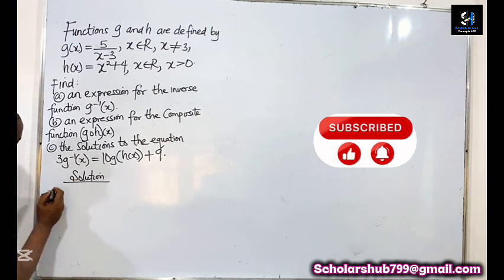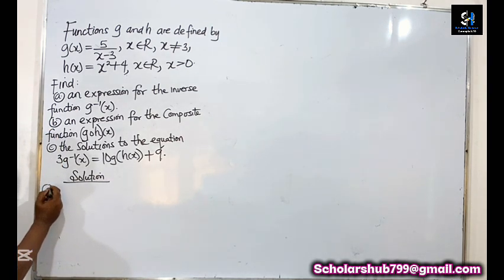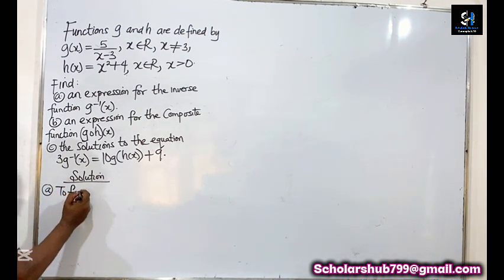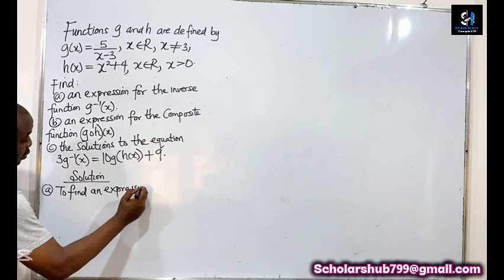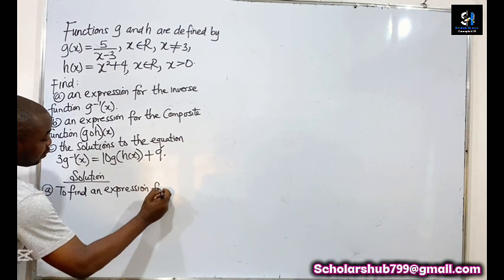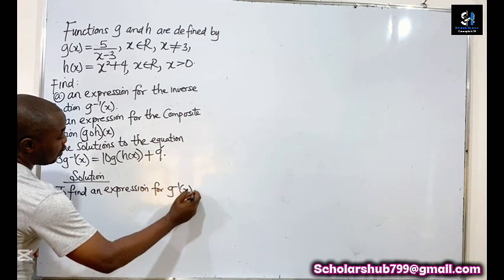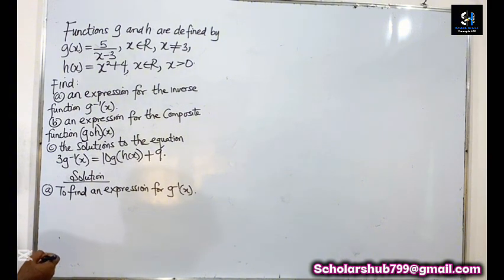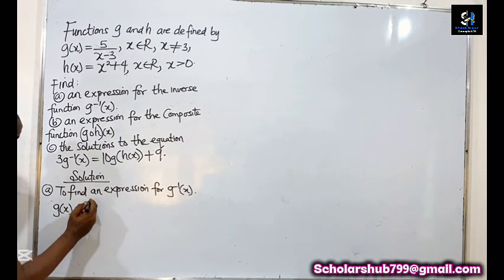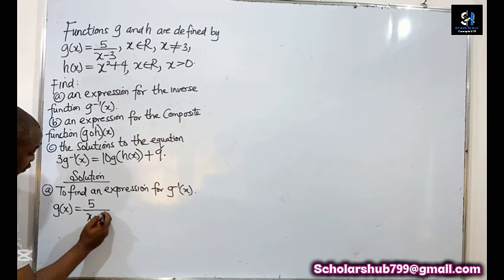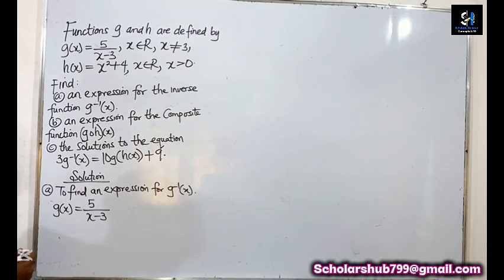so what I'll do first is to write, to find an expression for the inverse of g of x. So we are given g of x to be equal to 5 over x minus 3.